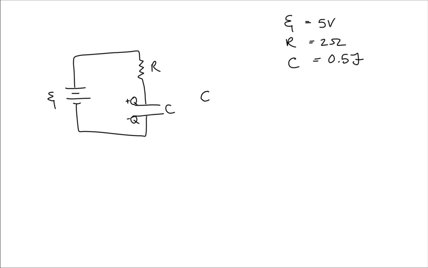To solve, let's look at the relationship for the charge on the plates of a capacitor as a function of time for a charging circuit like we have here. The charge is given as the product of the EMF of the battery and the capacitance times 1 minus e to the minus t over RC, where the product RC of resistance and capacitance is called the time constant.